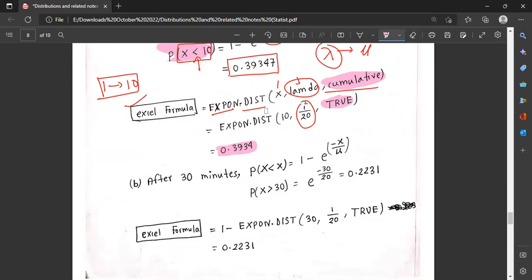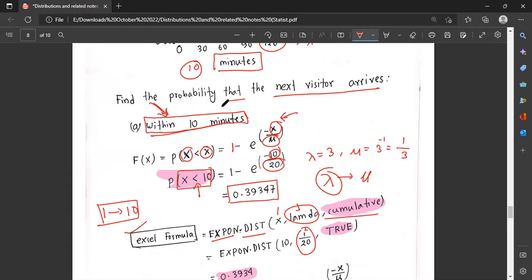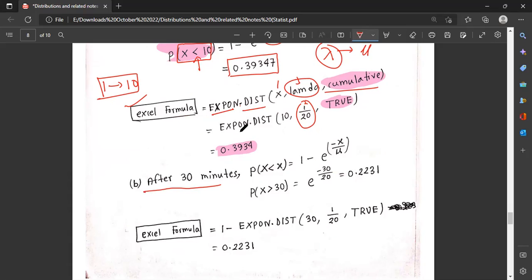Now let's see the probability that the next visitor arrives after 30 minutes. Here, after means x is greater than 30, so the formula is 1 minus e to the power minus x by mu.